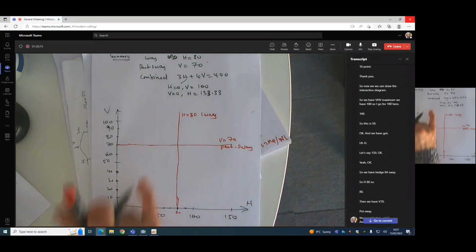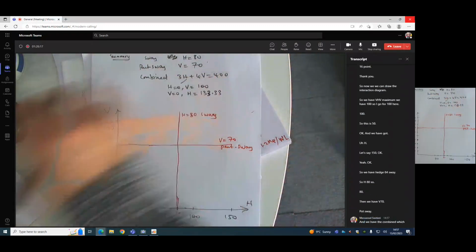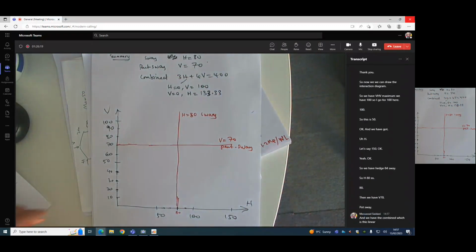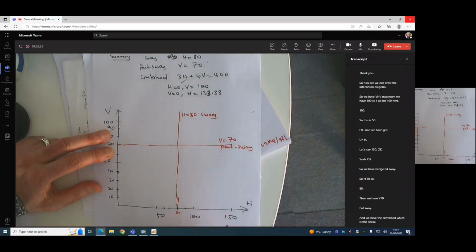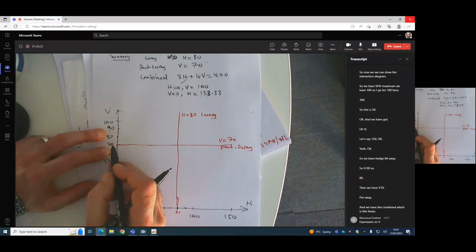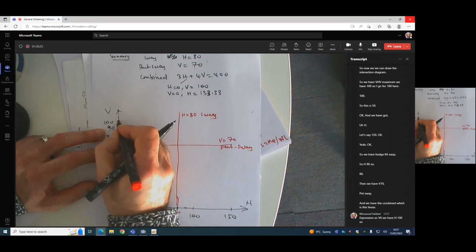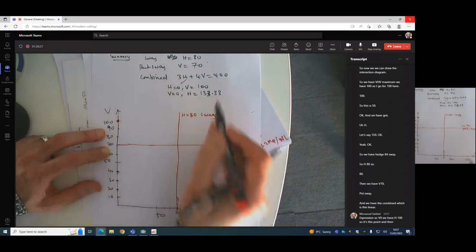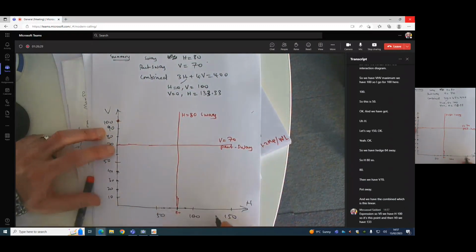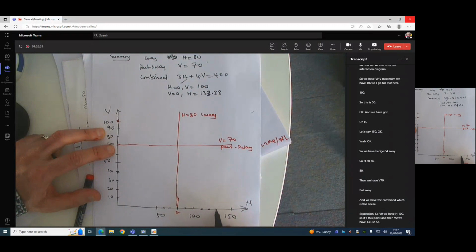And we have the combined, which is this linear expression. So V0, we have H100, so it's this point. And then V0, we have 133. So 50, 1, 2, 3, 4.